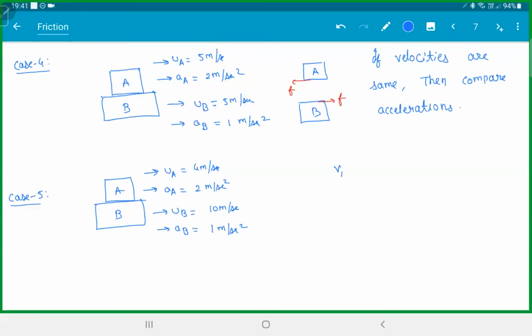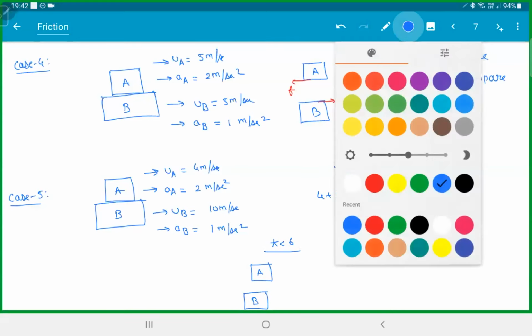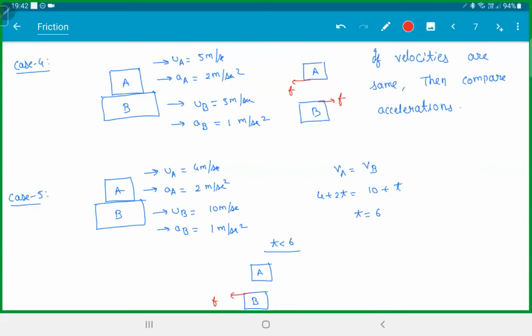See, if you take velocity of A equal to velocity of B, this will be 4 plus 2t equal to 10 plus t. We get t equal to 6. Meaning for t less than 6, B is going faster and A is going slower. So friction on B will be backward and friction on A will be forward.